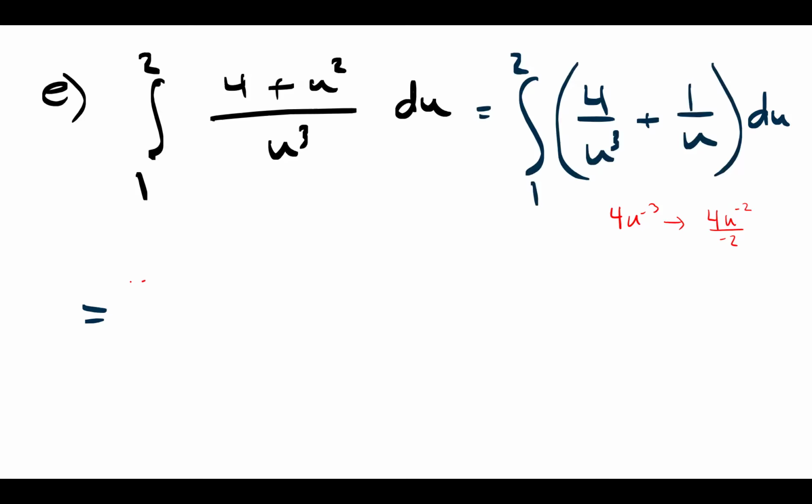So I get negative 2 over u to the negative 2, and I'll send that u back down to the bottom because I hate dealing with negative exponents.